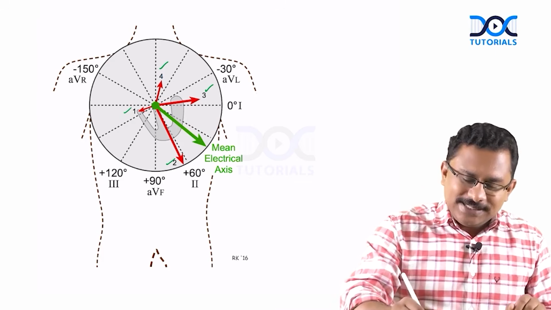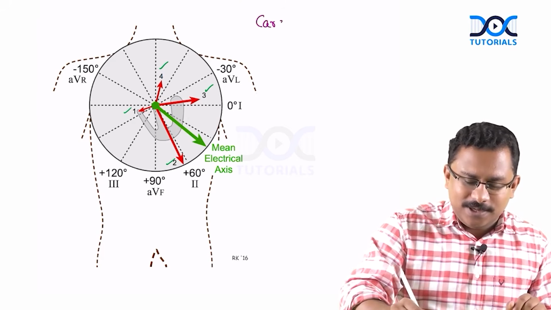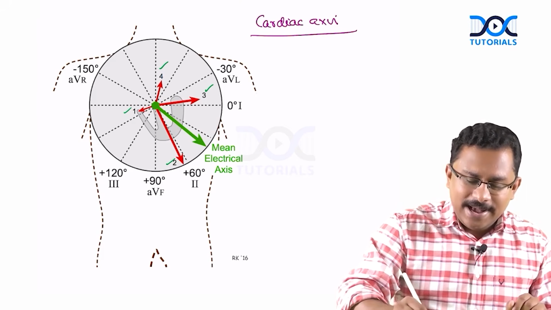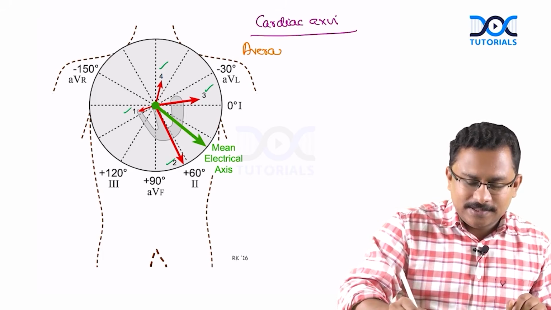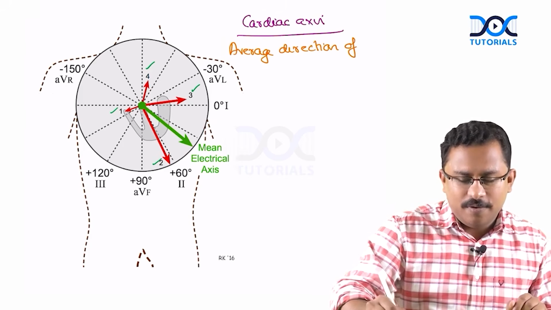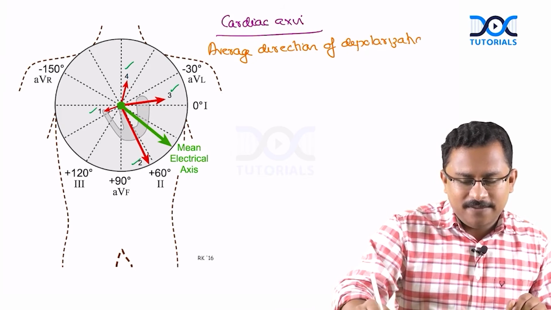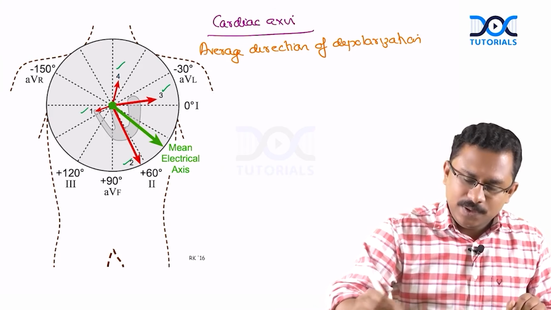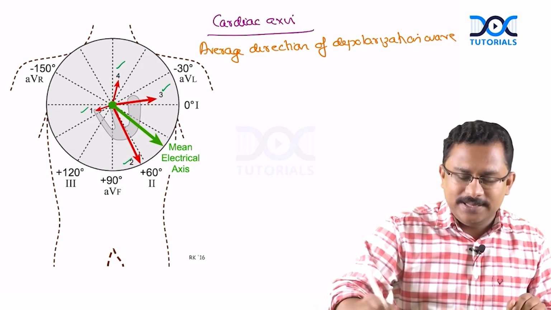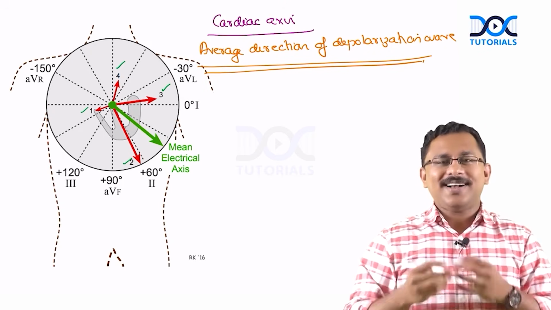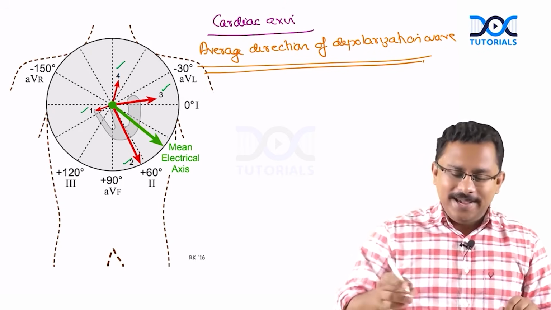Okay. So what is the cardiac axis? What is the cardiac axis? It is the average direction of depolarization wave, okay, this average direction of depolarization wave, that is what is called a cardiac axis, okay, the average.